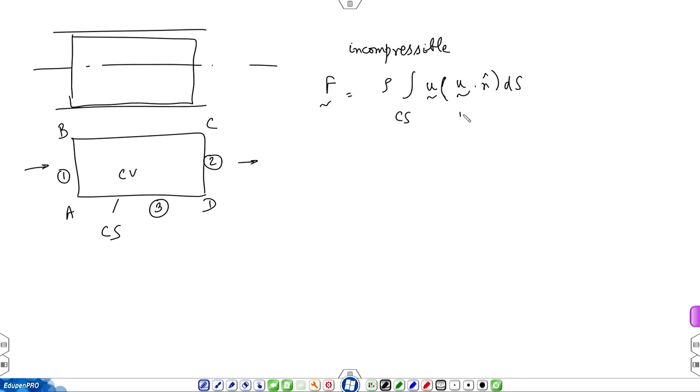So, split the integral into 1, 2 and 3, u dot n is again 0. So, this third integral is 0. Now, this equation, it is a vector equation. So, naturally our interest will be in the direction along the axis of the tube.